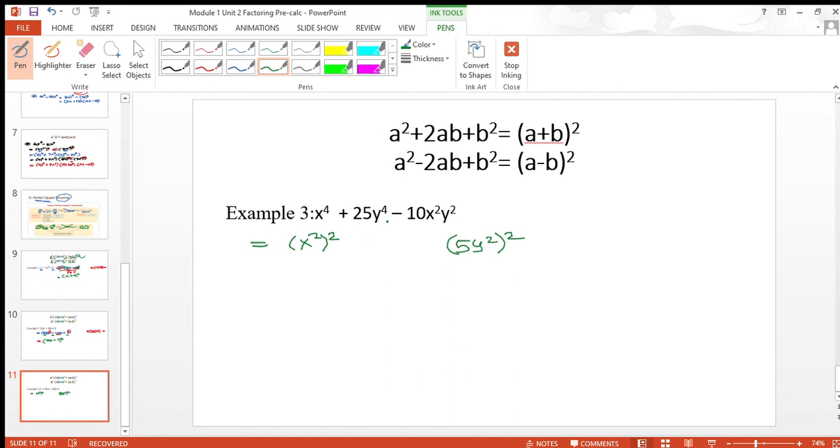Remember, addition and subtraction are both commutative, so we can interchange the places. So that's minus 10 x squared y squared.